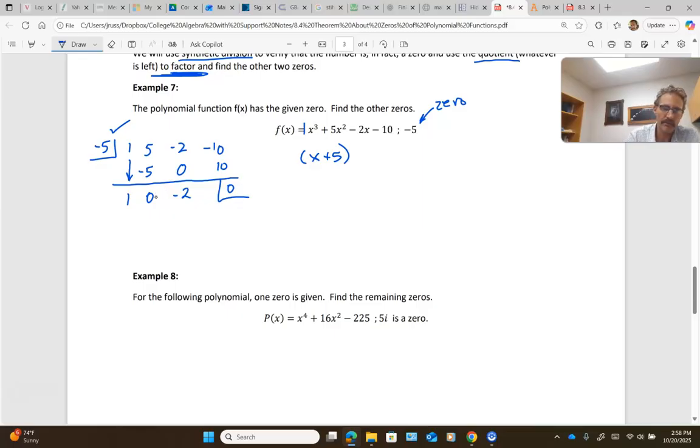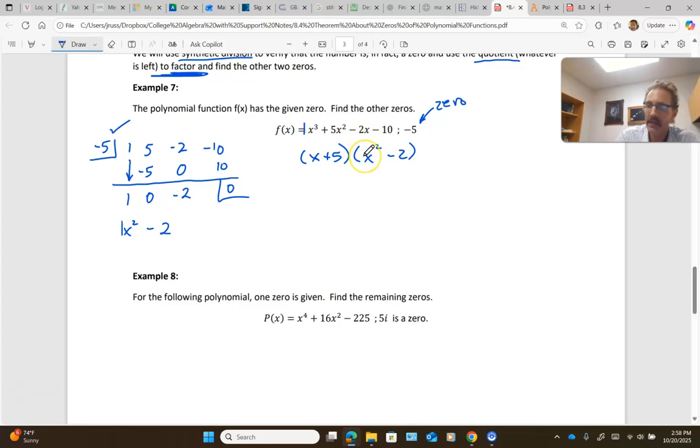This was originally a cubic, so these will be the coefficients to a quadratic. So 1x squared, there will be no x term because that coefficient is 0, and then -2. So in other words, the other factor is x squared minus 2. And it's a quadratic factor.